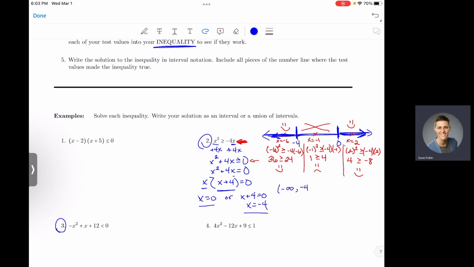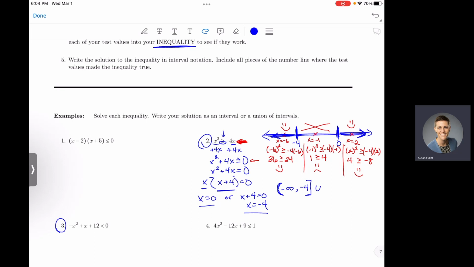Negative infinity gets a parenthesis because we never include infinity. It's an idea, not really a number. And then for the negative 4, to figure out whether or not we include it, I'm going to look at my inequality sign. Because there's an equal to, my border pieces are going to work, which means negative 4 will work, and I'm going to include it.